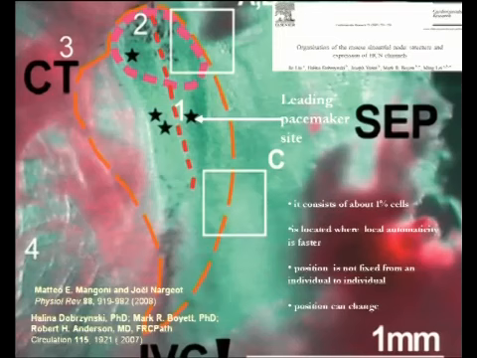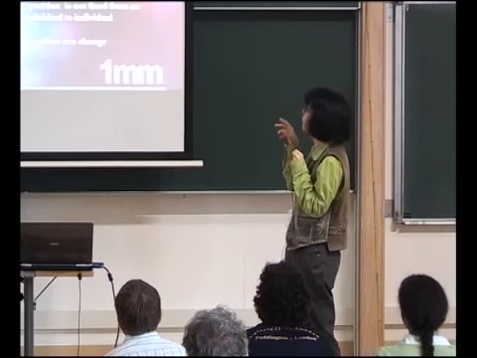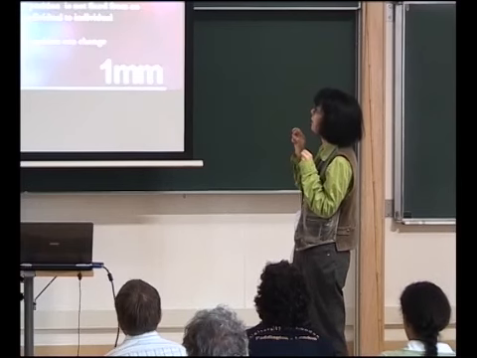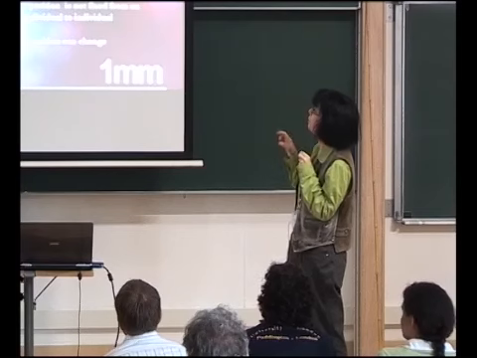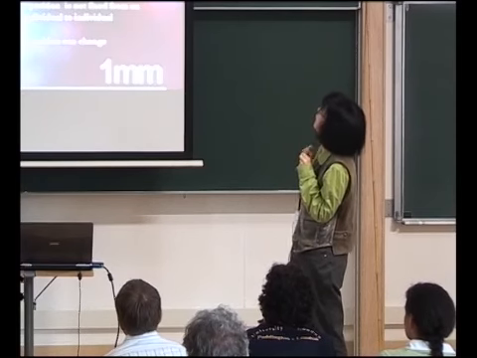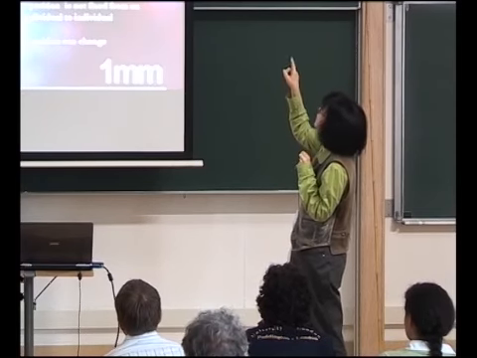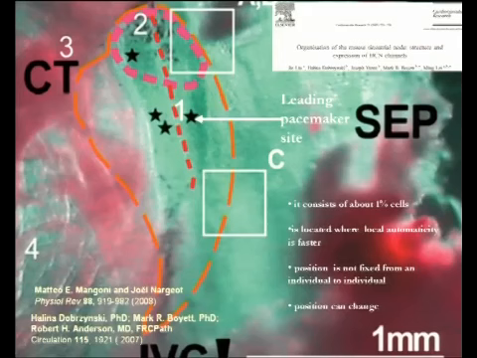Yeah. So as it is a surprise for me to present the poster and the work, there are just two images which I extracted from my work. My basic interest is the leading pacemaker site, the origin of this leading pacemaker site, so the sites which initiate the electrochemical potential in the sinoatrial node.